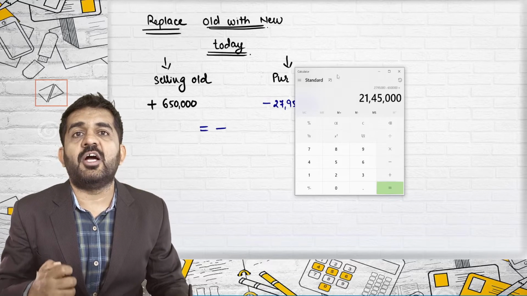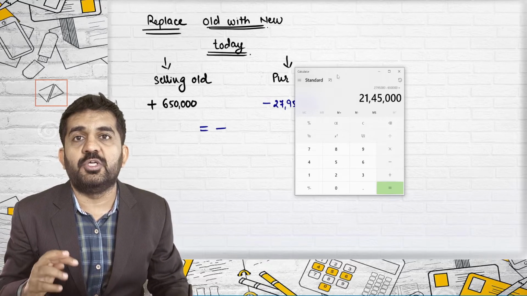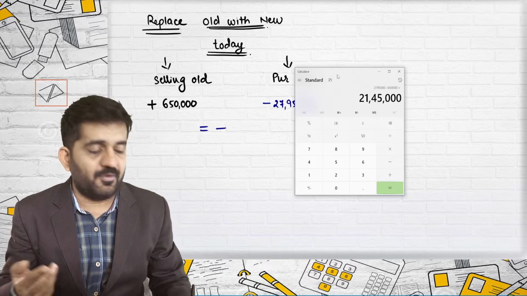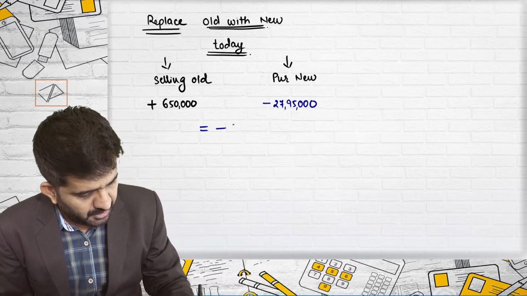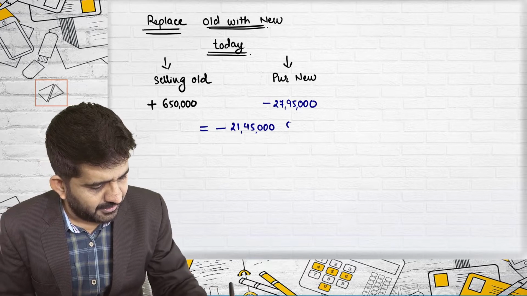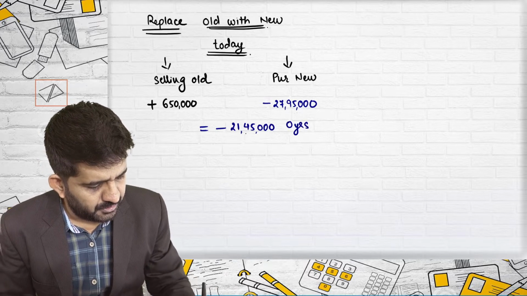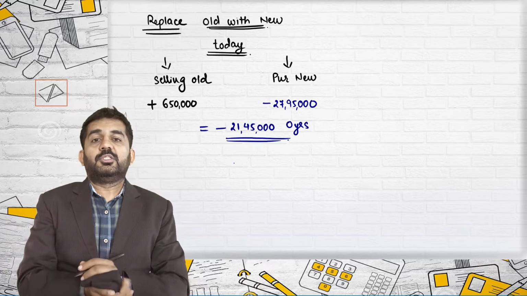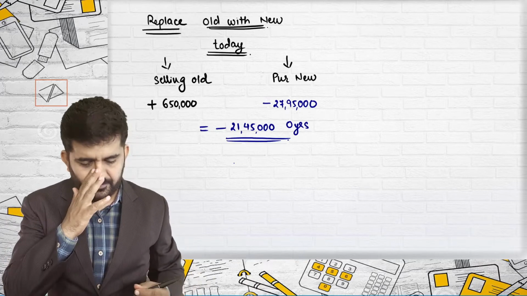So net cash outflow at the end of 0 year will be only 21,45,000. 21,45,000 at the end of 0 year. This will be cash outflow.